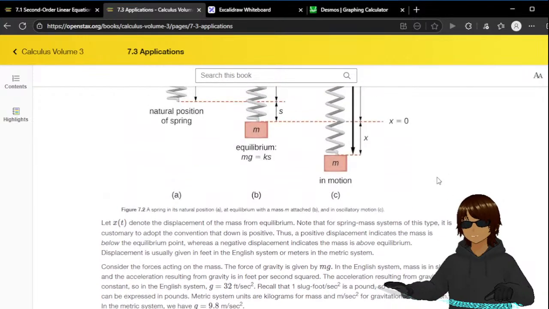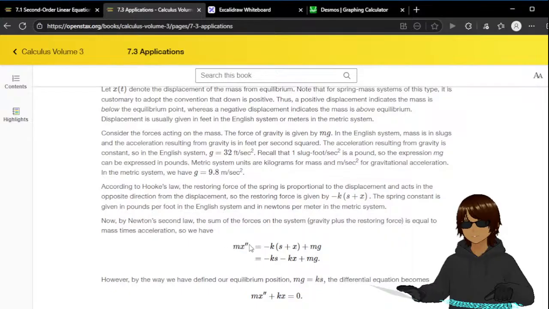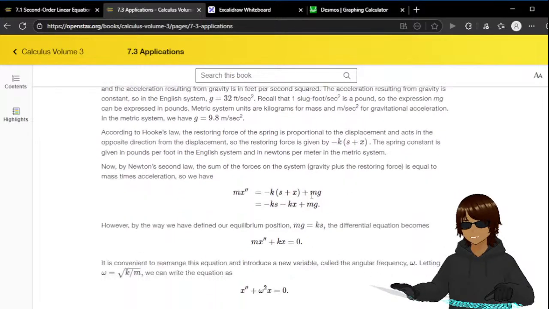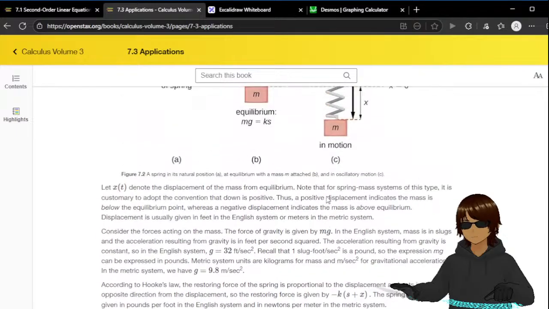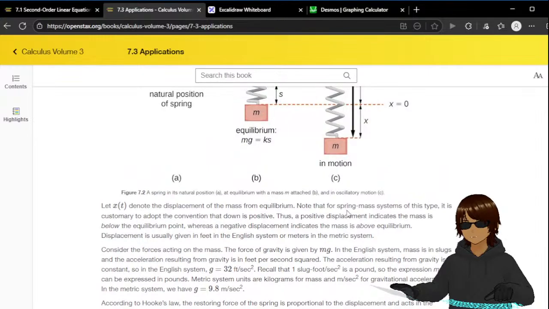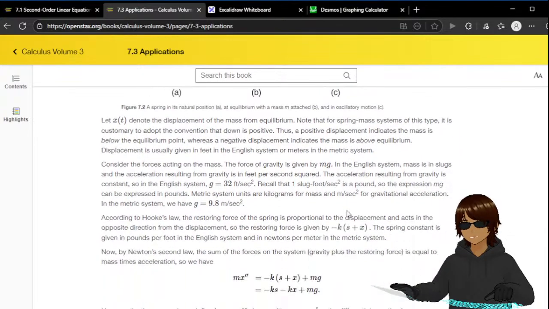Hold on a minute. So the acceleration downwards is positive. It's accelerating backwards, right? So we have, okay, so the downward force is mg, the weight, and the upward force is minus k(s + x).